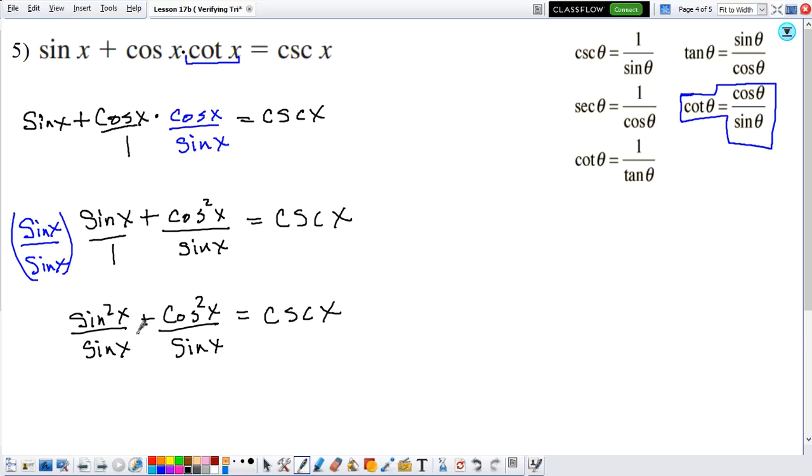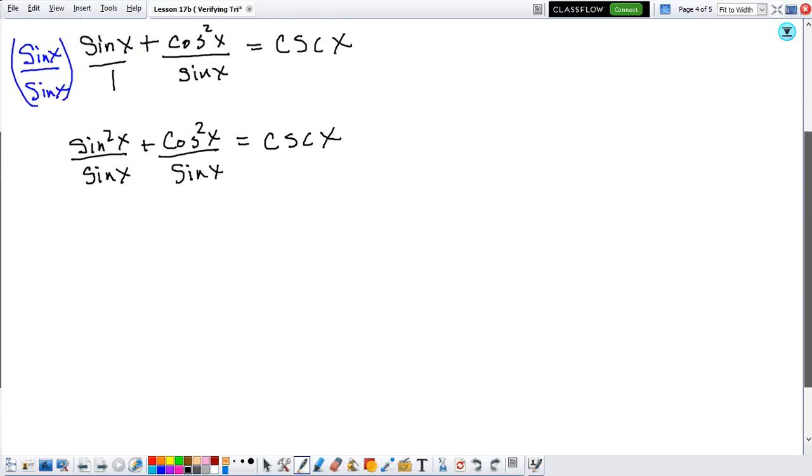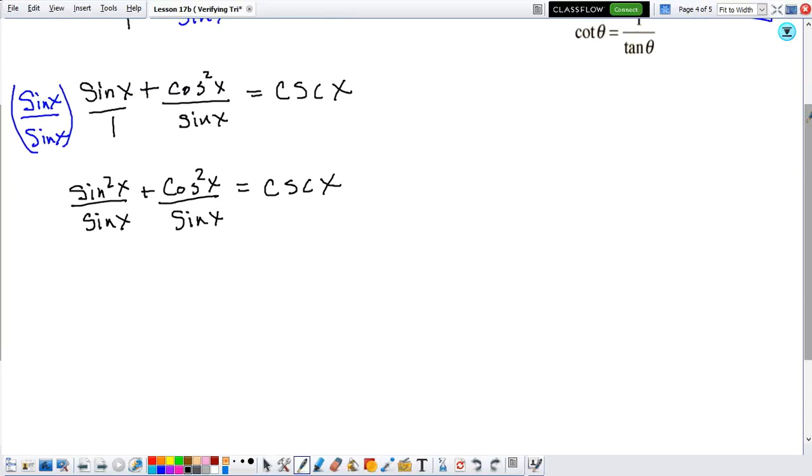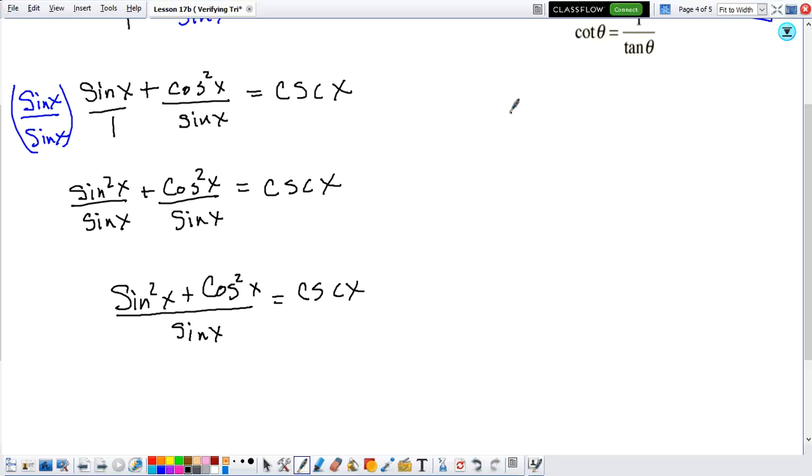Notice on the left side, we have the same denominators, so now we can add. So now we're going to have sine square plus cosine square over sine, because they have the same denominator. And that is equal to cosecant. But remember our Pythagorean identity.